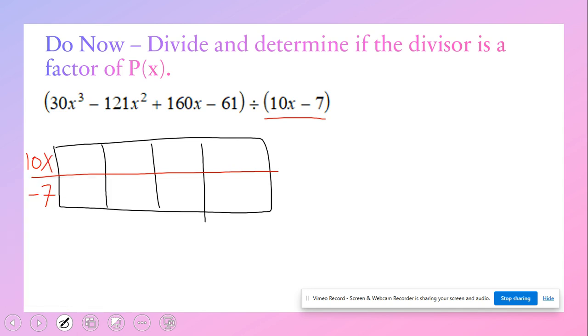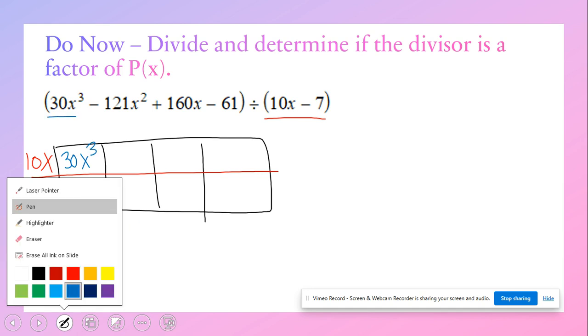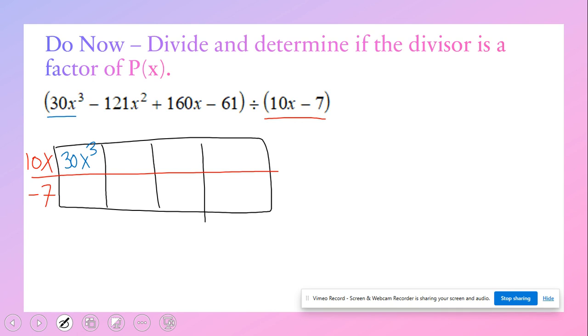First things first, 30x to the third, our leading value in our polynomial, has to go inside of the box. Now that I have values on the outside, I ask, 10x times what gives me 30x to the third? That would be 3x squared. Now 3x squared times negative 7 is going to be negative 21x squared.